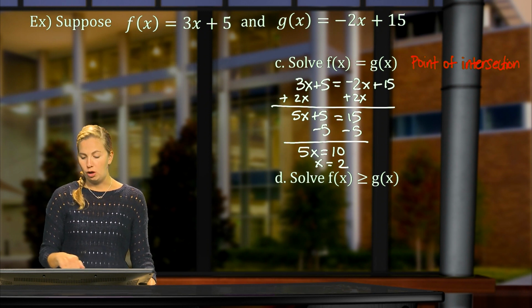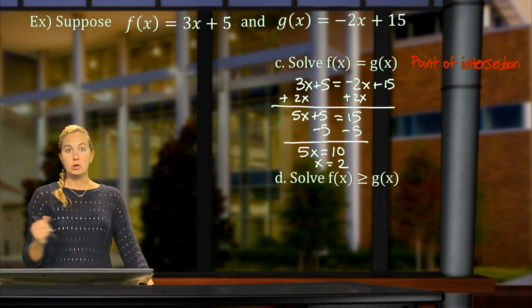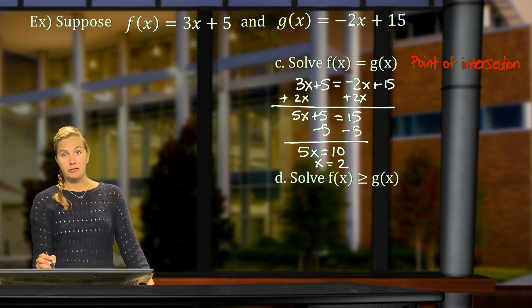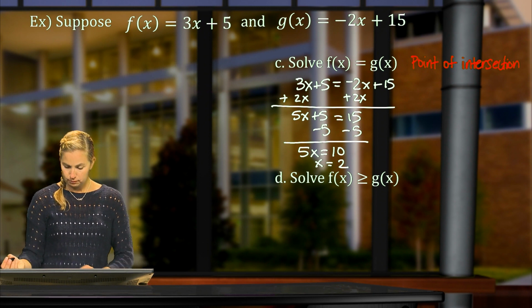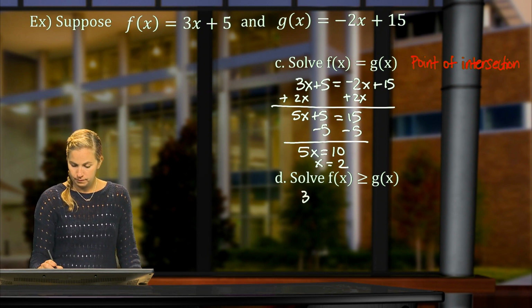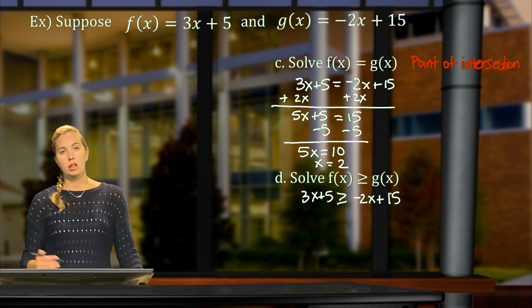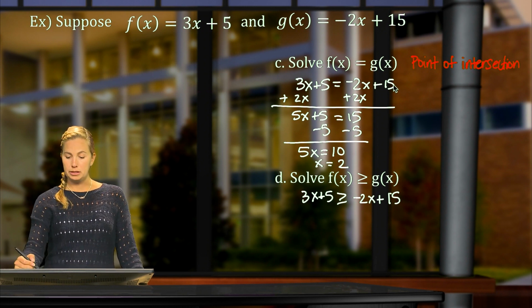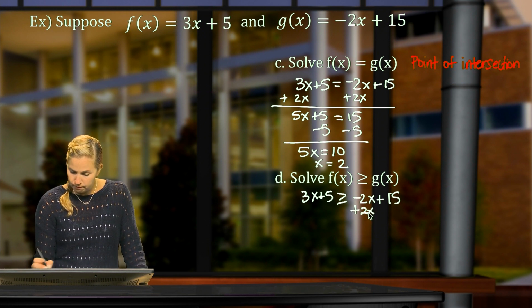In part D, we're solving for f of x greater than or equal to g of x, which is asking where my function f of x lies above the function g of x. Even though this is an inequality, we're going to solve it using the same steps we saw in example C. So I'm going to go through that quite quickly.